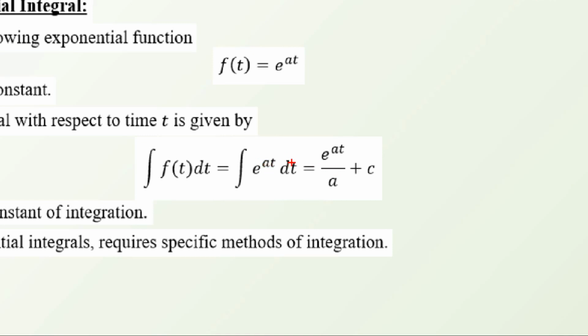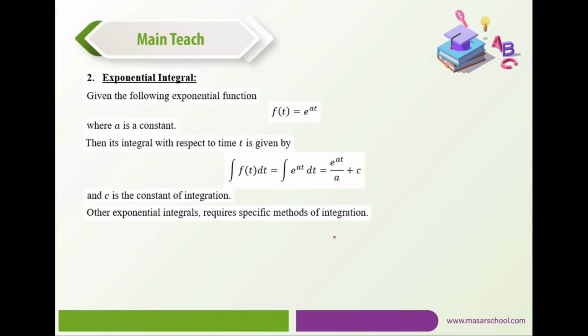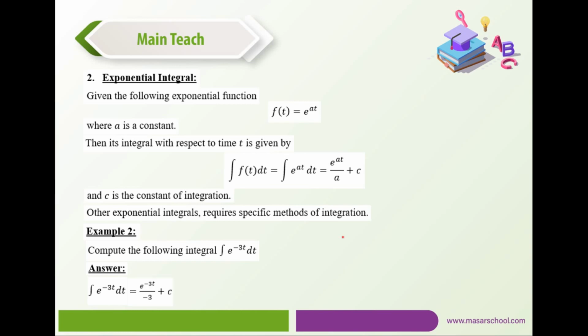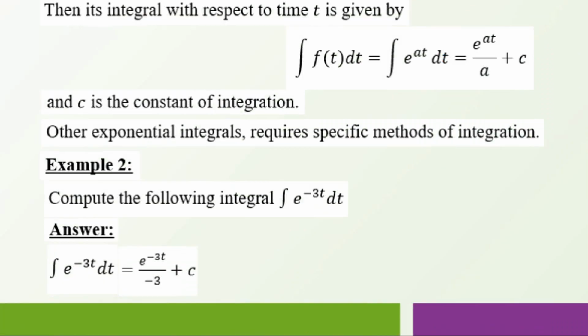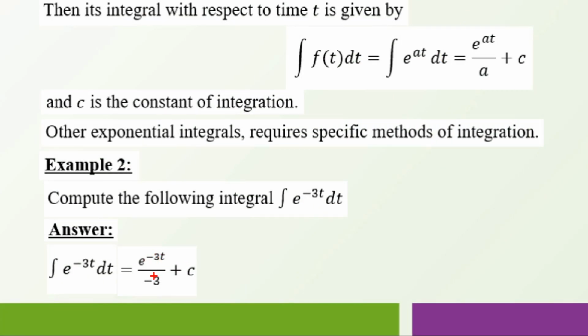Whether it's at or at + b, we're going to see it's perfectly the same, but here I'm considering the case where it's at. So in this case that would be e^(at) divided by a. Example 2: compute the following integral of e^(-3t) dt. Then we're going to apply the rule. Simply we divide by the inner derivative, which is negative 3.